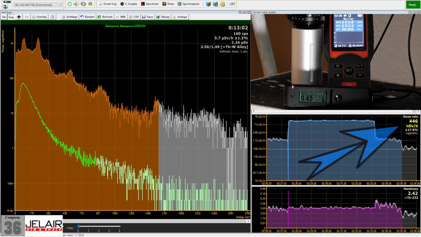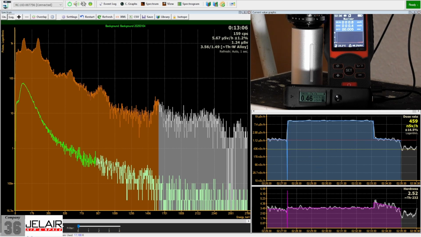And you can see the dose rate shows 467, that's 0.4 microsieverts per hour. The display is just showing it as nanosieverts. And the peaks are starting to form nicely on the spectrum.